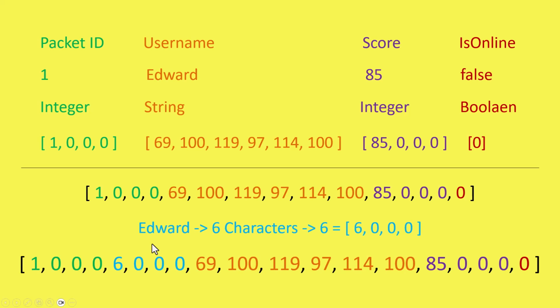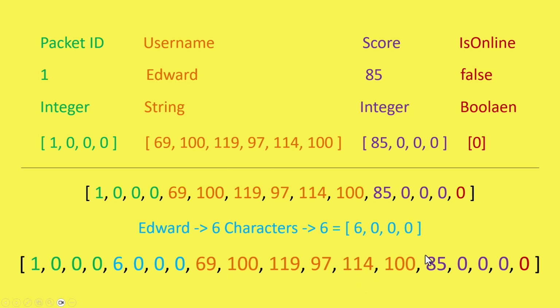And we know every time we're going to have a string, the first 4 elements before that is the length of the string. So then we're going to read the next 4 bytes. It's going to give us the length of the string. It is going to give us the number 6. Then we're going to read the next 6 elements and convert it into a string that gives us Edward.